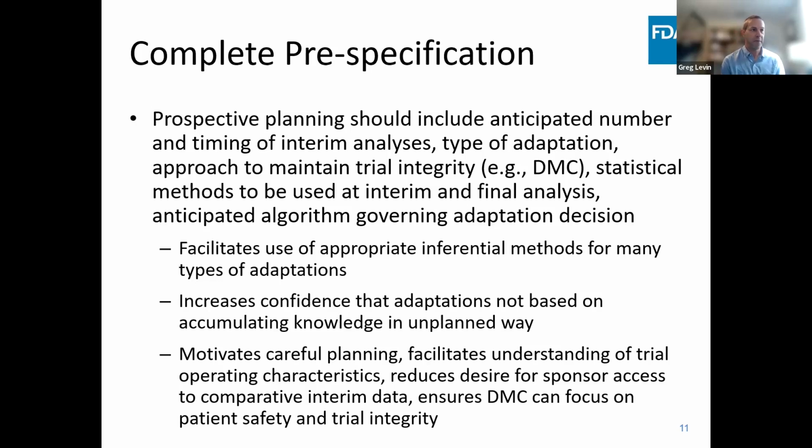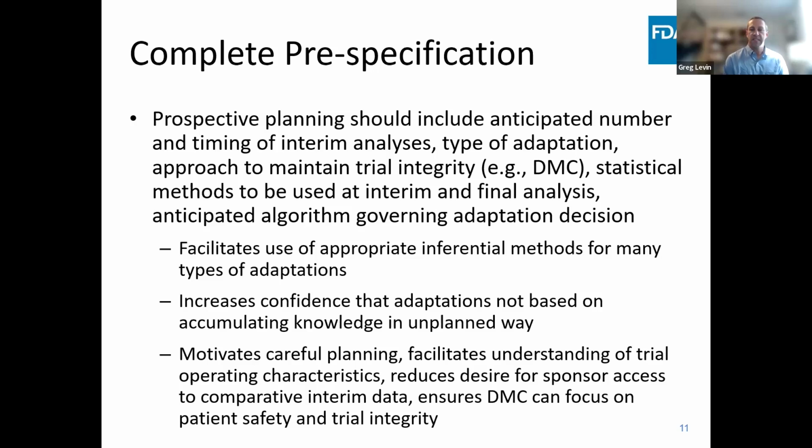So what's the rationale for this degree of planning, this degree of pre-specification? Well, for some types of adaptations, it's important because it facilitates the use of appropriate inferential methods. But even if this degree of pre-specification isn't essential for, say, type 1 error control, it's still important because it increases confidence that adaptations were not based on accumulating knowledge in an unplanned way.